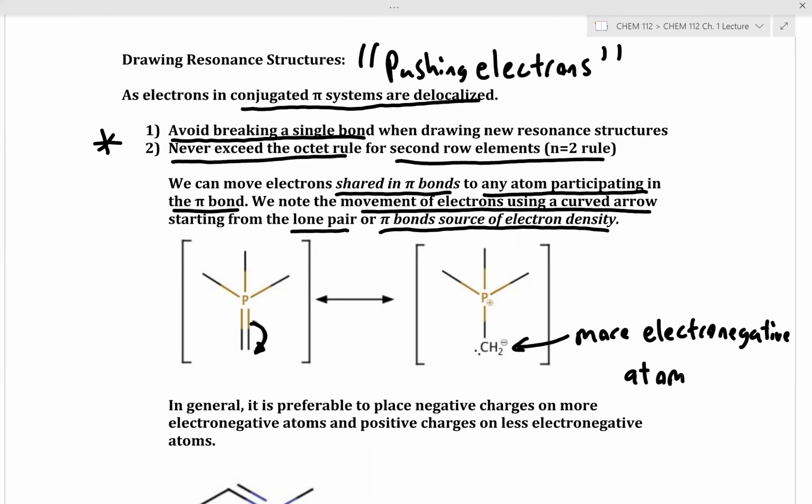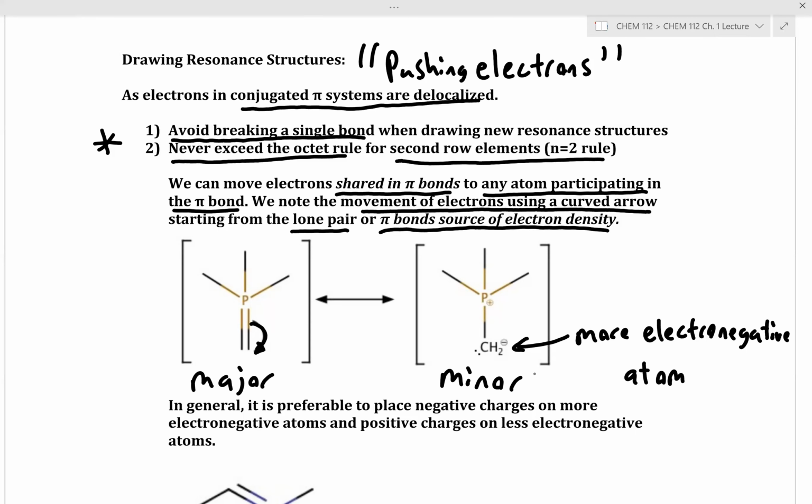No. So if we had to pick one of these two structures to be our major, which structure do you think most reflects the actual distribution of electrons in our molecule? The one on the left. So we'd call the structure on the left major, and the structure on the right minor. The reason being the structure on the left minimizes formal charge.